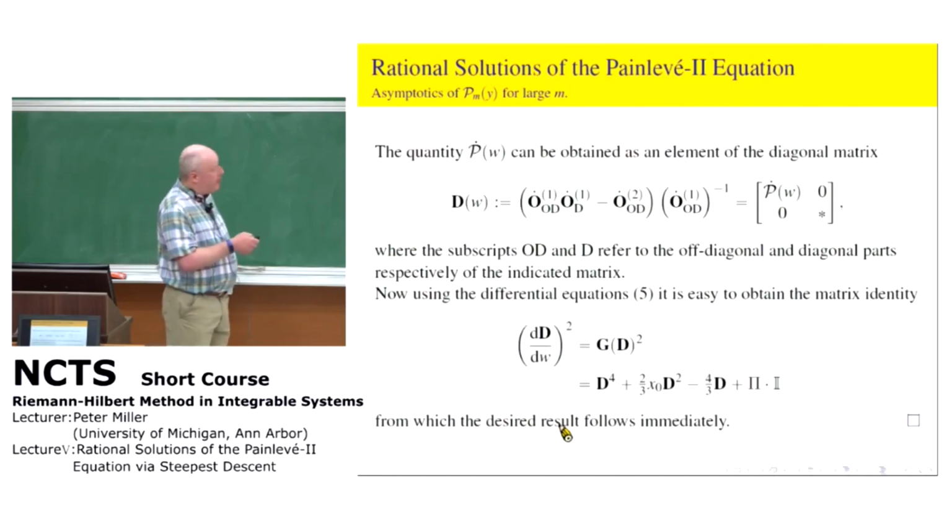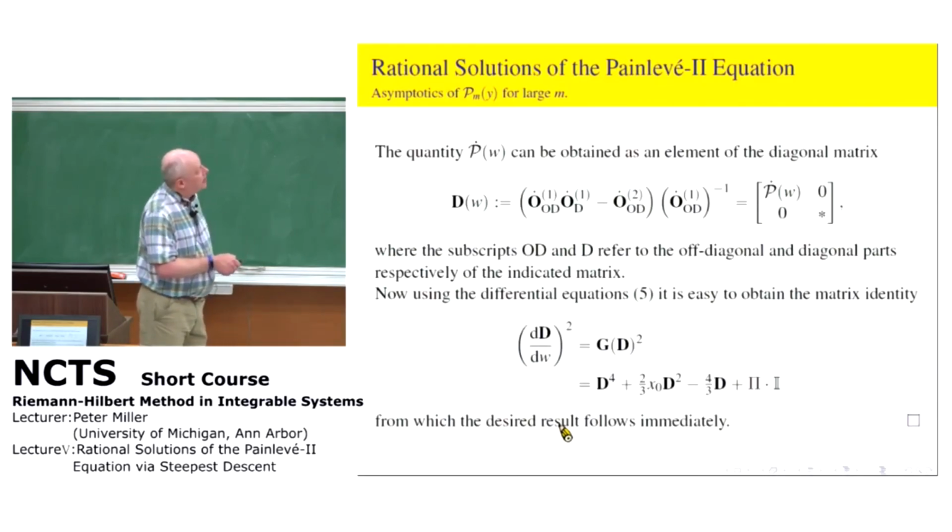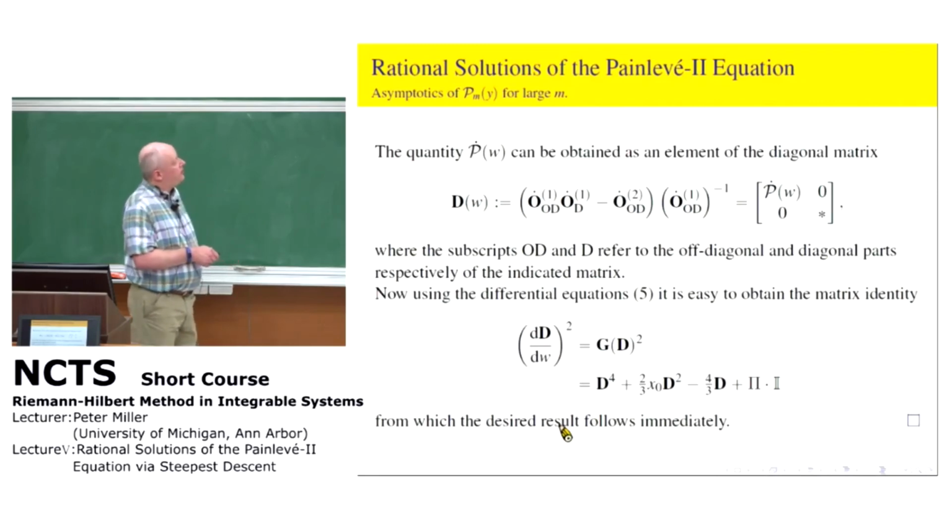Okay, so one way to write that combination is to write it as a diagonal matrix with something I don't care about in the 2-2 entry and P dot in the 1-1 entry. And that can be written in terms of the diagonal and off-diagonal pieces of O dot 1 and O dot 2 by this formula here. Okay? So now what we're going to do is use the differential equations on O dot 1 and O dot 2 to get this identity.